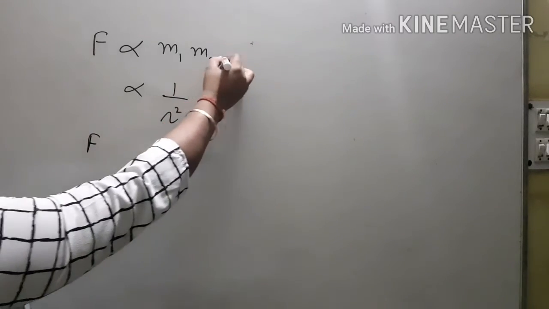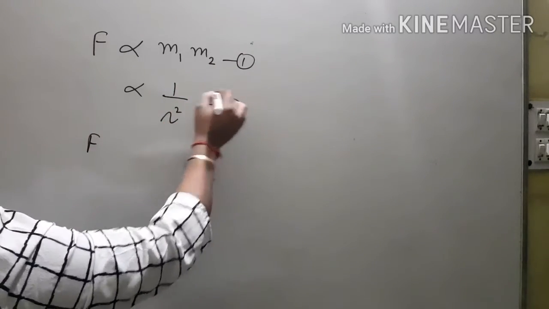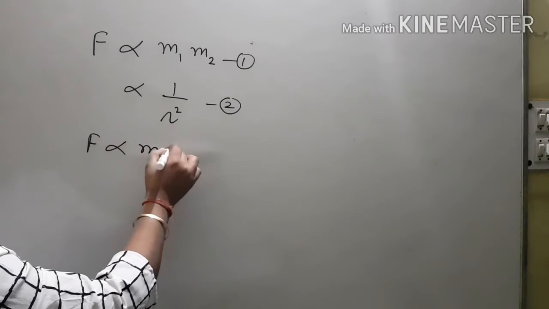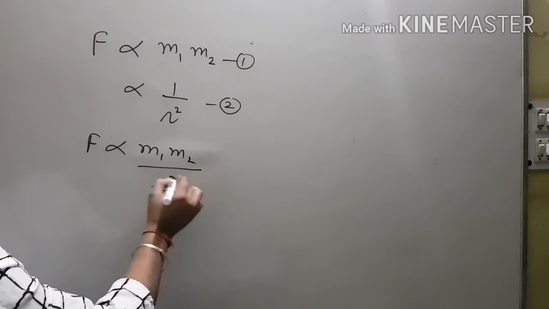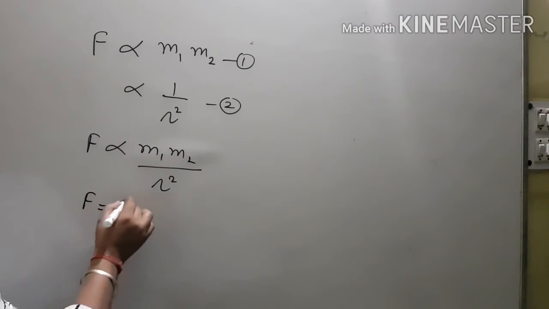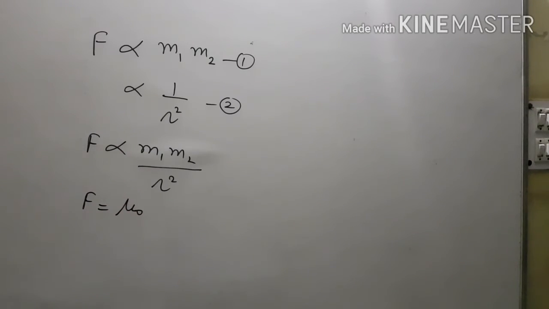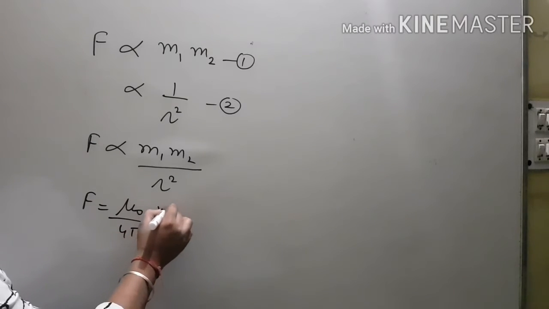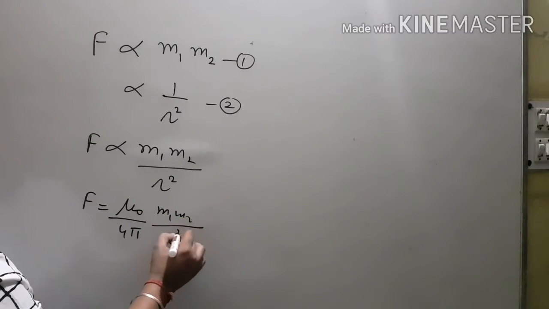Combining these two, F is proportional to m1 m2 by r square, or F is equal to mu naught by 4 pi into m1 m2 by r square.